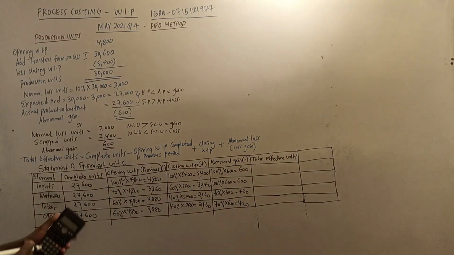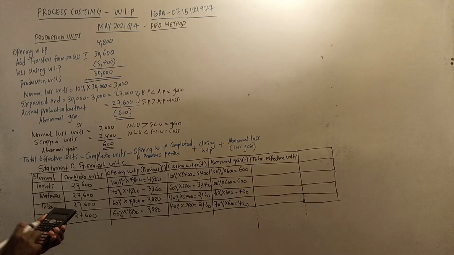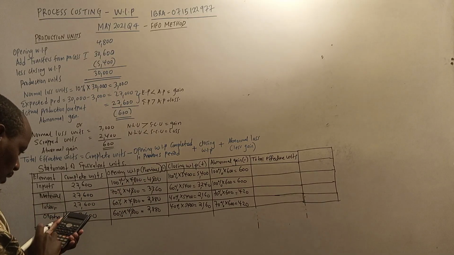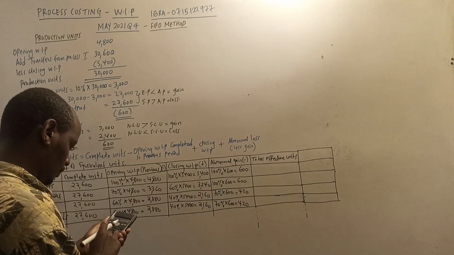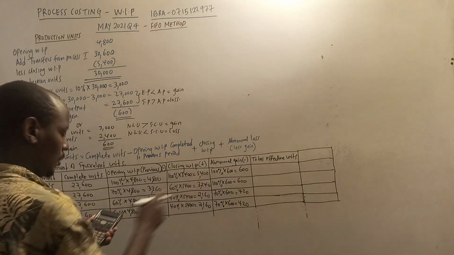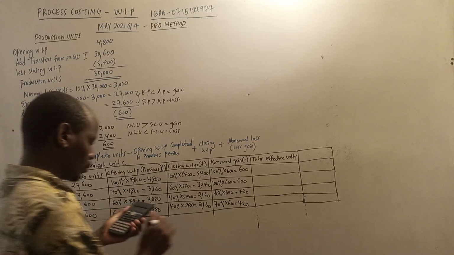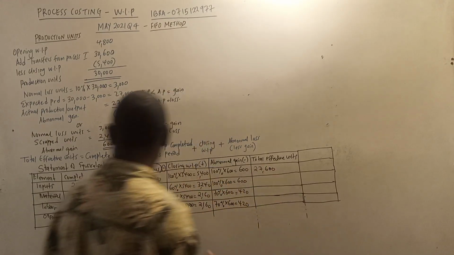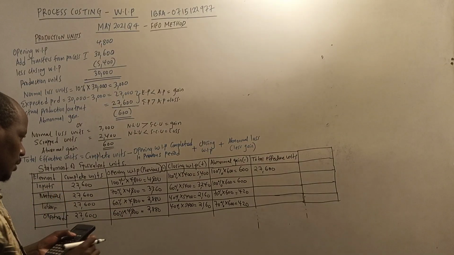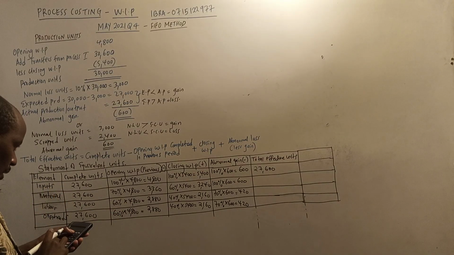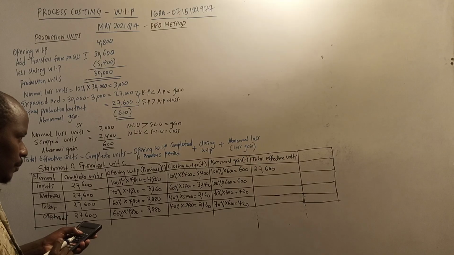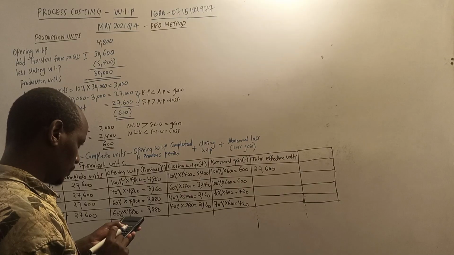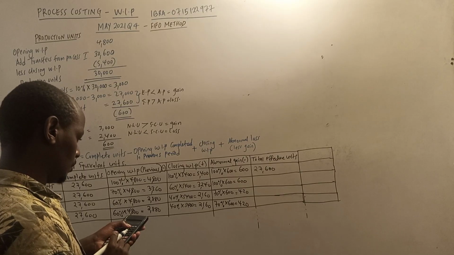But for now, let's start with inputs: 27,600 plus, now we less, minus 4,800 plus 5,400 minus 600. So we are getting 27,600. That's our total units. We repeat the same for material: 27,600 minus 3360 plus 3240 minus 600.